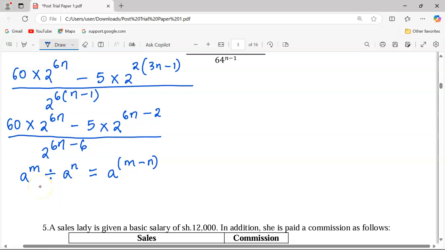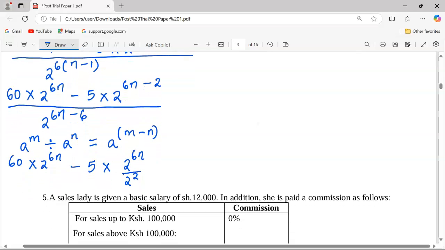So with this law, now I can rewrite 60 times 2 power 6n, then minus 5 multiplied by, now at this point I can split the powers and have 2 power 6n divided by 2 power 2, because I have a division of the powers.